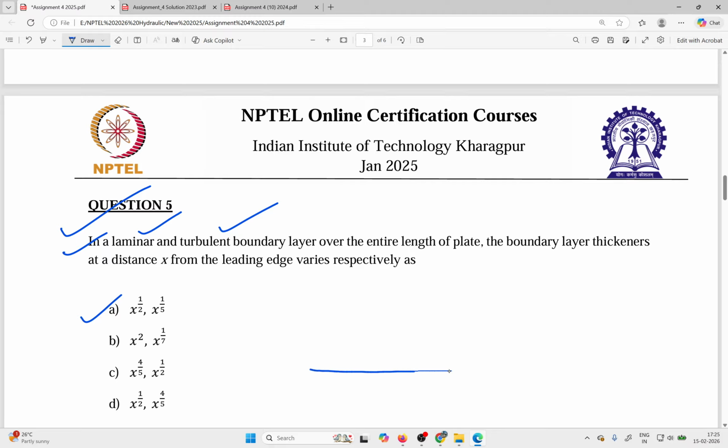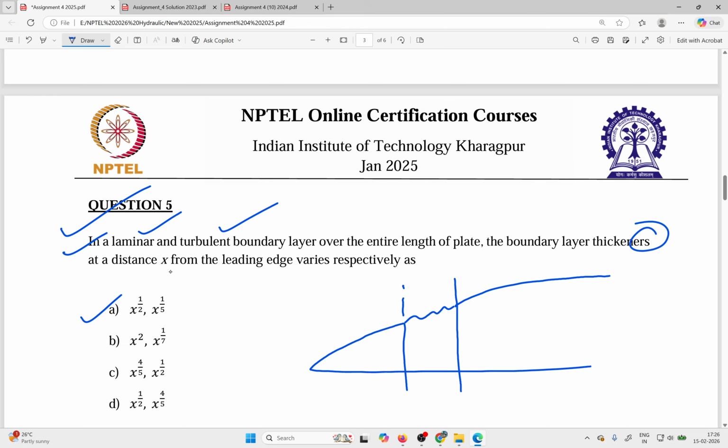So you have to tell, let me just explain you what is laminar. So here laminar, then transition, then your turbulent boundary layer. So please just try to give the answer actually. The boundary layer thickness at the distance x, if this is your distance x from the leading edge varies respectively.